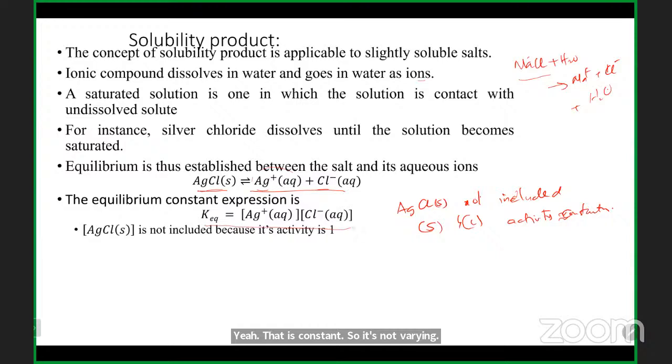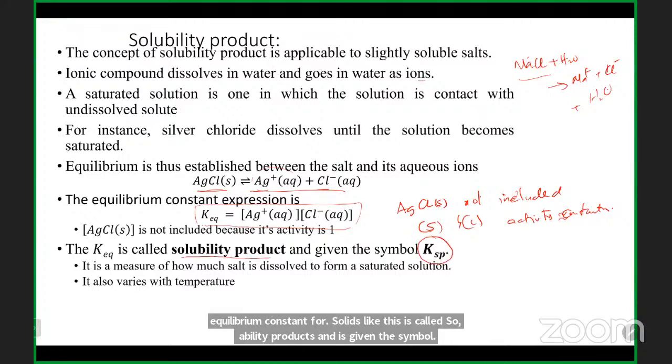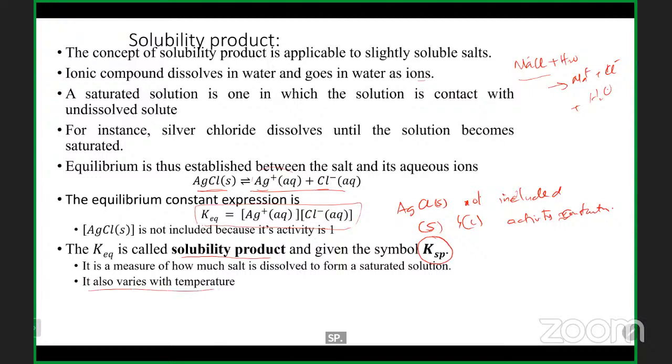The equilibrium constant for solids like this is called the solubility product and is given the symbol Ksp. It varies with temperature just like the equilibrium constant. So we've seen Ka today, Kb, Kw, and there is another one, Ksp, the solubility product.